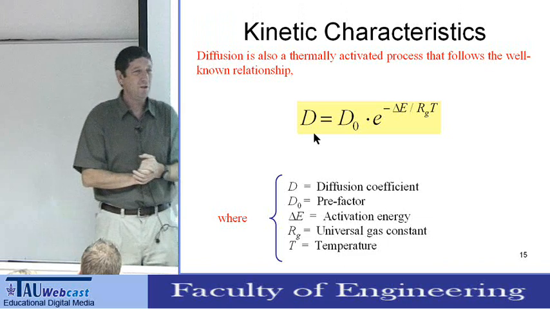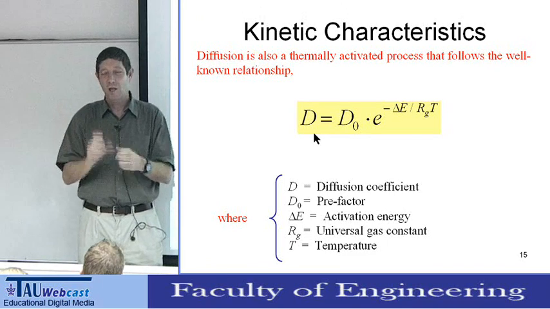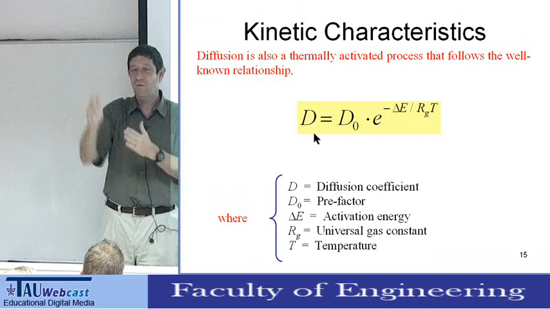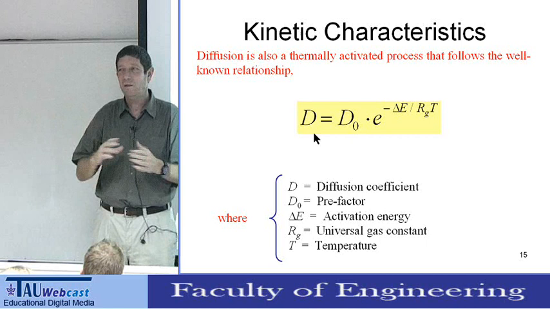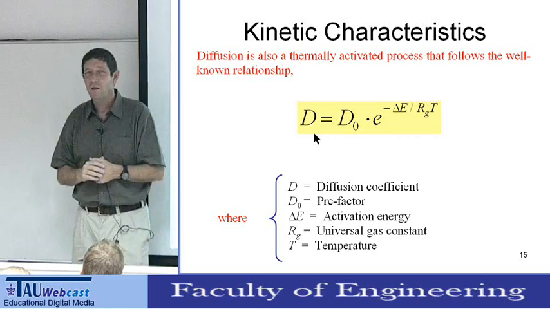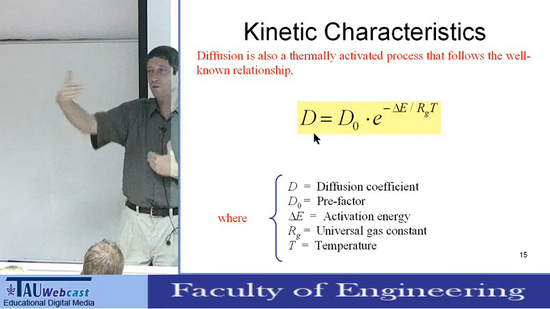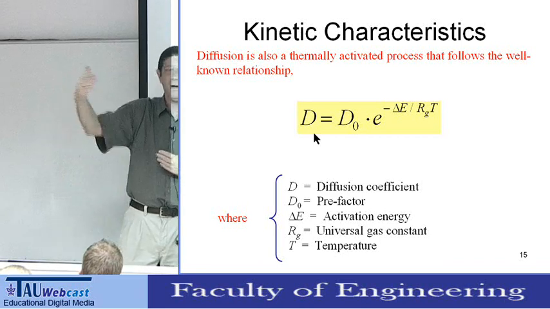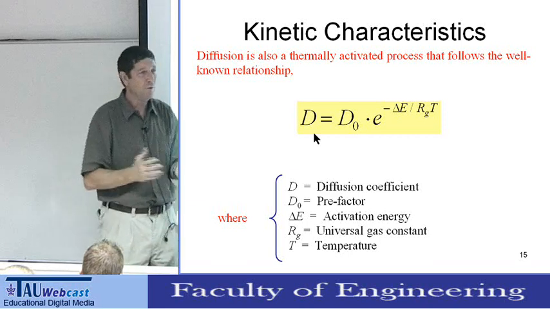So if you look at this structure, you calculate the average: in every motion, it passes a delta x, and it takes tau seconds. So the relation between the mean square of this distance, delta x squared, divided by the time, is the diffusion coefficient. And it can be proven that it's a constant.